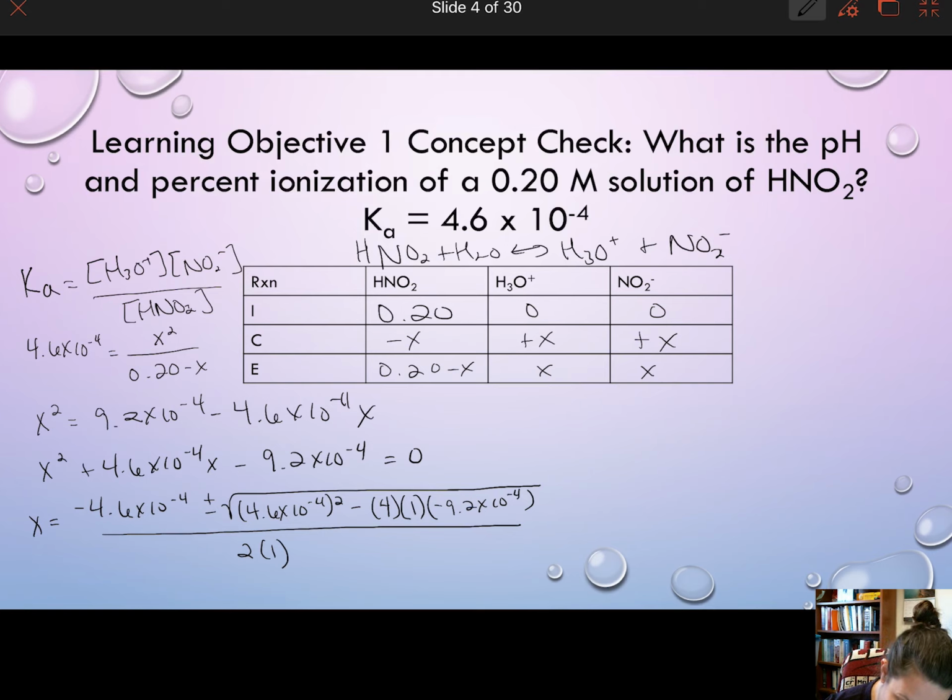When we solve for our quadratic, we get two X values, 0.00936 and negative 0.00982. The negative value doesn't make any sense, so this is our X value.